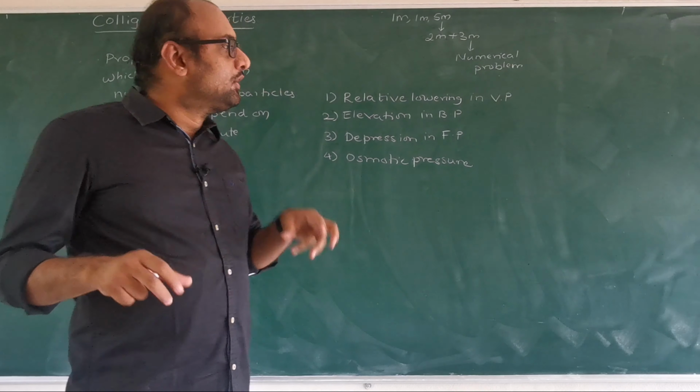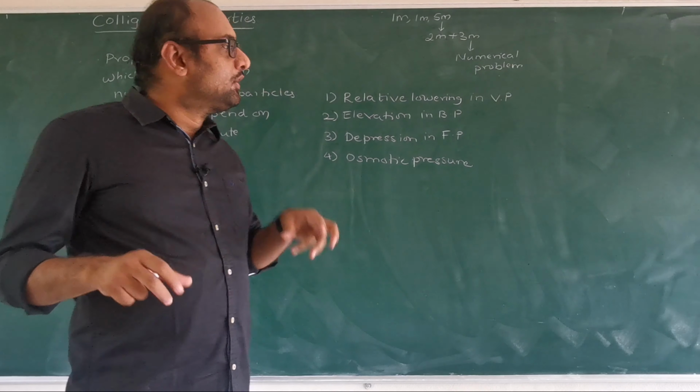So I will take MB to the other side, and this relative lowering in vapor pressure I will take to this side. When MB comes to this side, it comes in the numerator, and when the relative lowering in vapor pressure goes to the other side, it comes in the denominator.